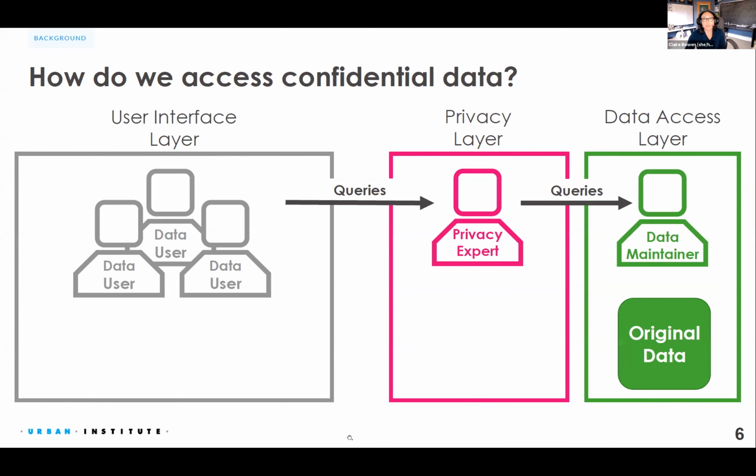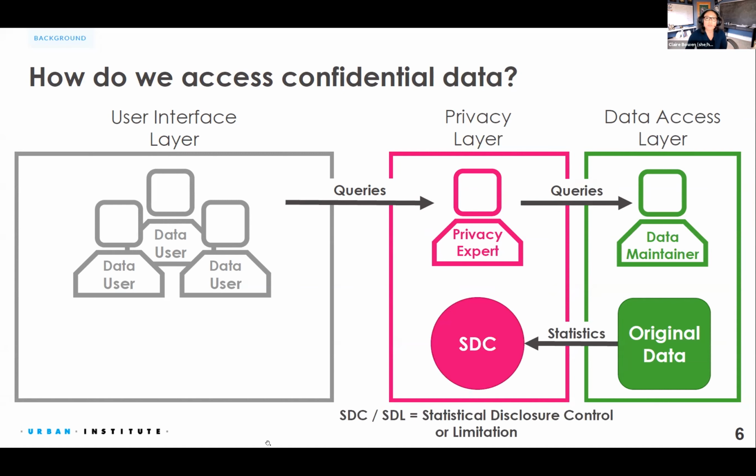And they work together to figure out, okay, what are these queries? What kind of analysis do people want to do on the original or confidential data? And what kind of statistics do we want to preserve in order to make sure that those parts are preserved while being altered? In statistics, we call the methods that alter the data statistical disclosure control or limitation. So if you see SDC or SDL, that's what it stands for.